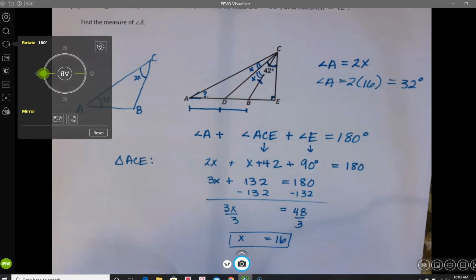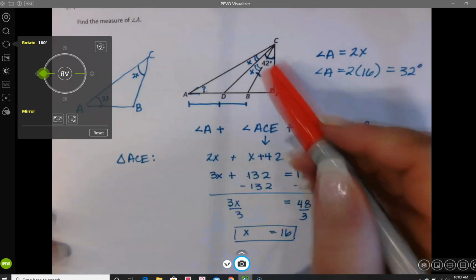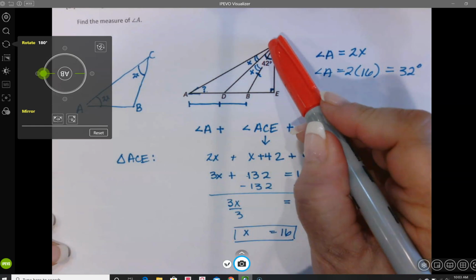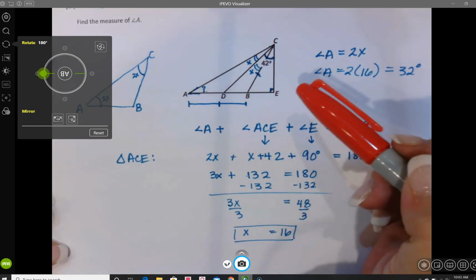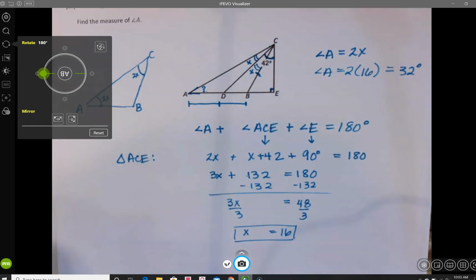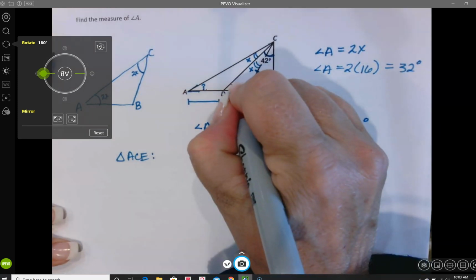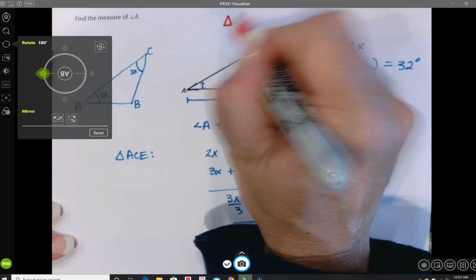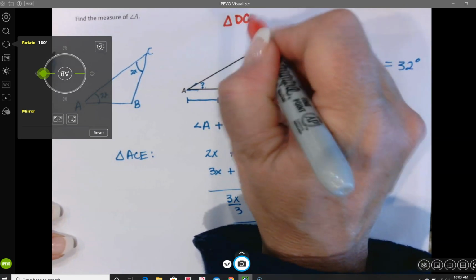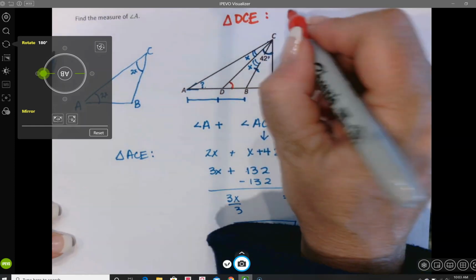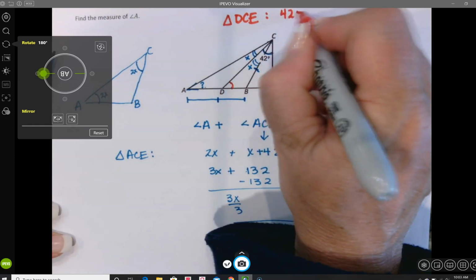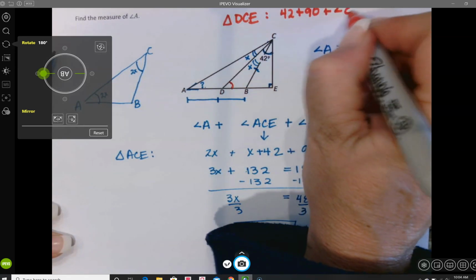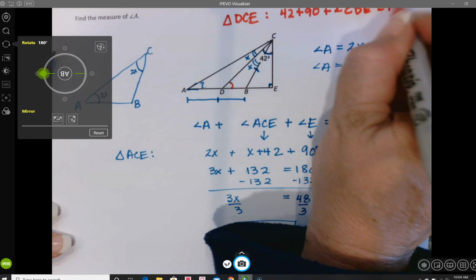So one thing I noticed is with this 42 degrees right here, I could look at triangle CDE, and using that I could figure out angle D. In triangle DCE, I could say that 42 plus 90 plus angle CDE equals 180.